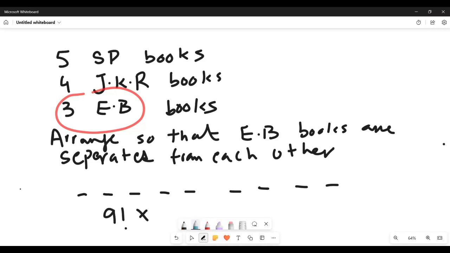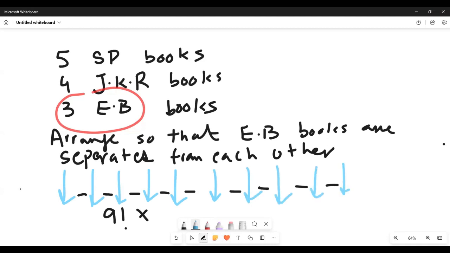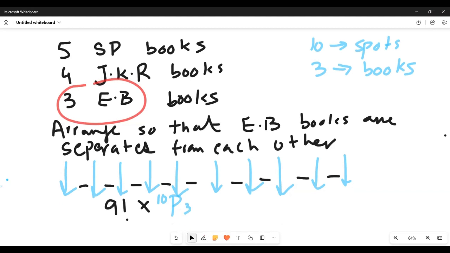Now, Enid Blyton books can be here or here or here or here or here or here. So how many spots do we have? 1, 2, 3, 4, 5, 6, 7, 8, 9, 10. 10 spots available for 3 books. So we're going to write 10p3. So whatever is the answer for 9 factorial times 10p3 is the number of arrangements.